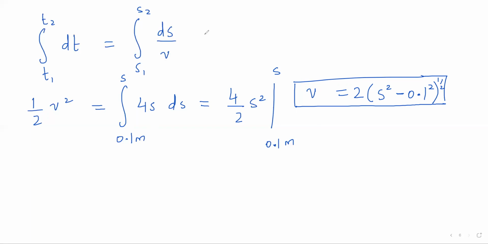This is equal to integral s1 to s2. Let me use a different color. I will have a ds. I will be giving you a homework for this one, by the way, divided by 2 s square minus 0.1 square to the power 1 by 2.